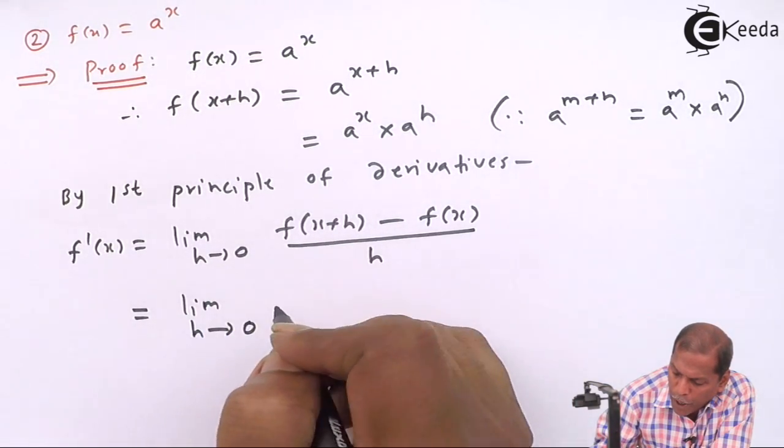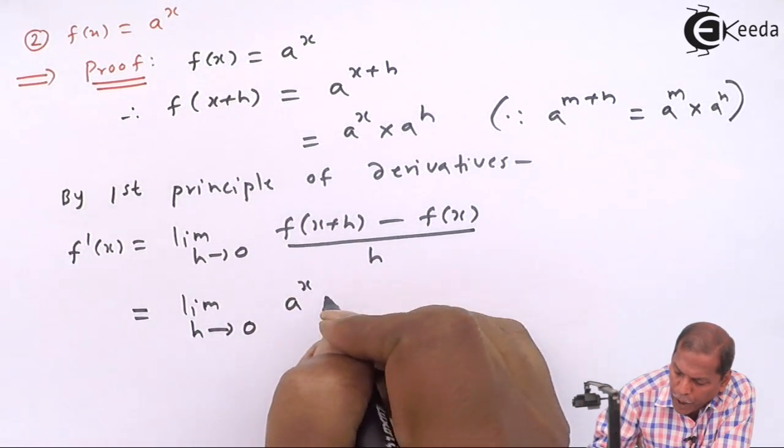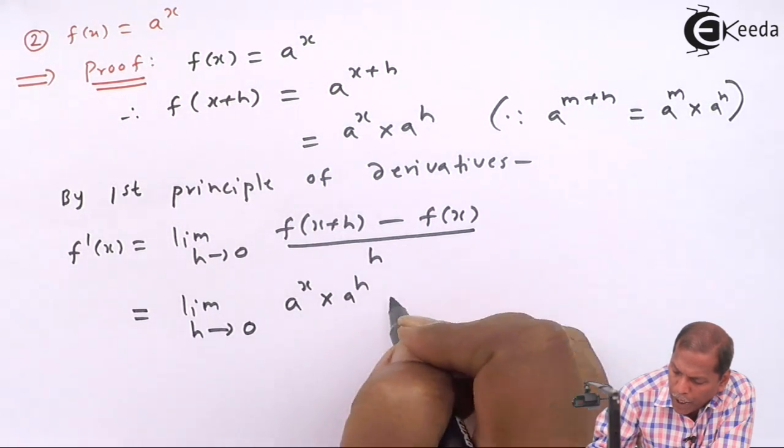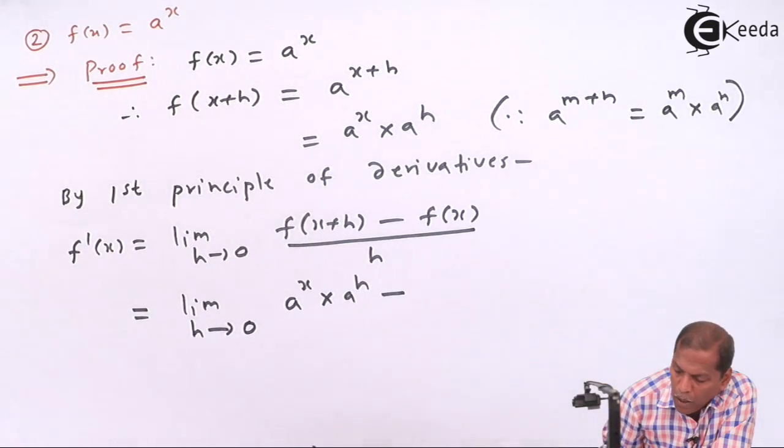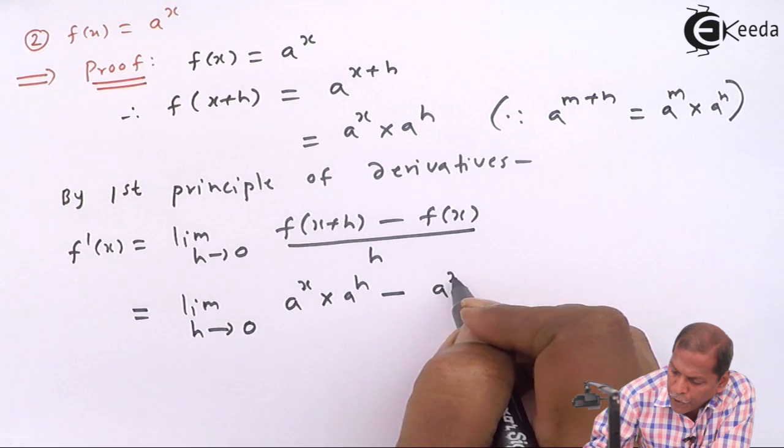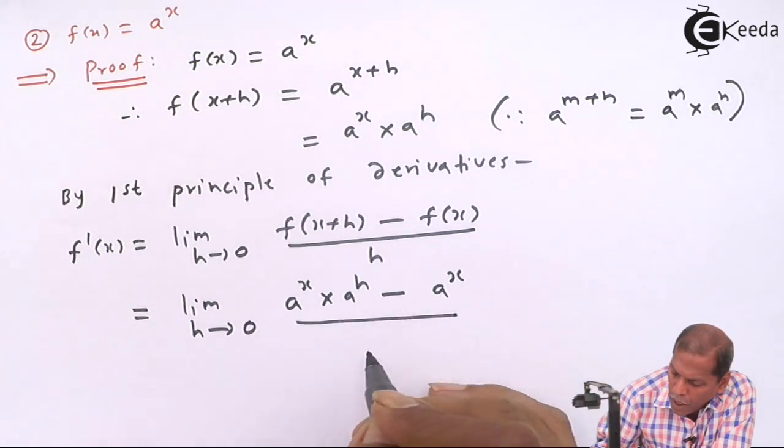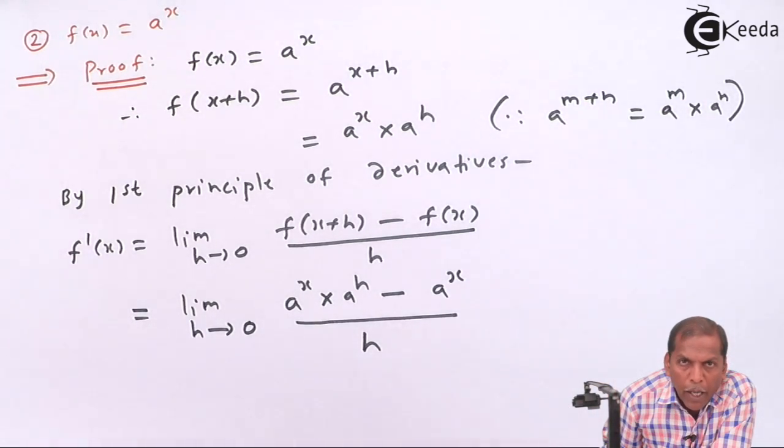For f(x plus h), we substitute a raised x into a raised h, minus for f(x) we substitute a raised x, and then whole thing divided by h.